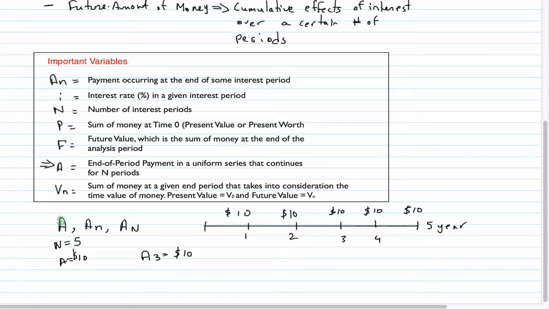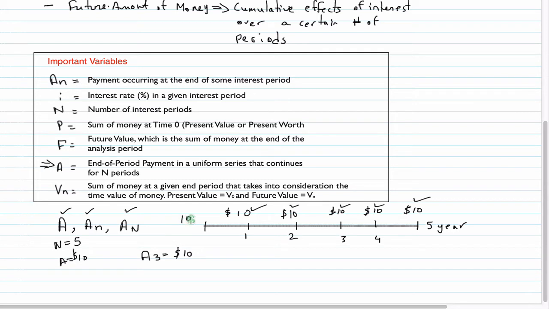The difference is simply that a is your receipt in general, and this receipt can change. This $10 over here, all of these can change if your period number changes.